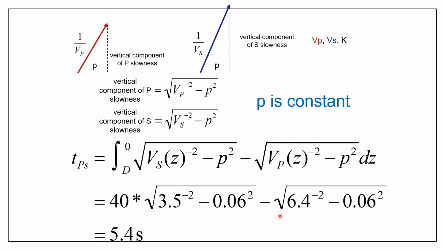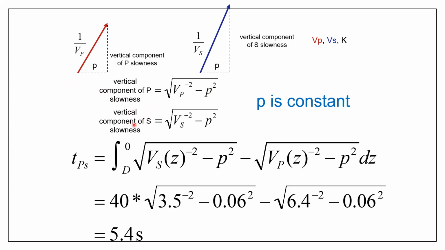Let's suppose you are talking about the P wave. The vertical component of the slowness of the P wave plays an important role, which is under root of 1 by Vp square minus p square.